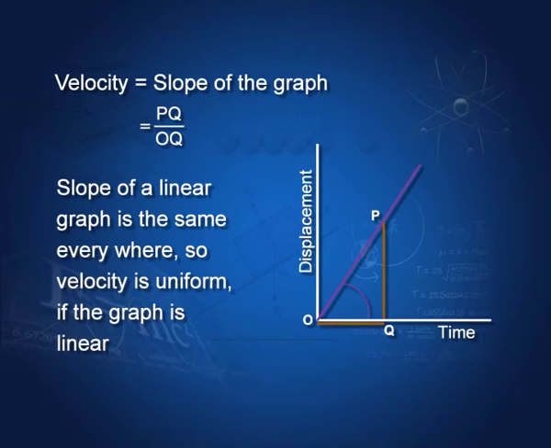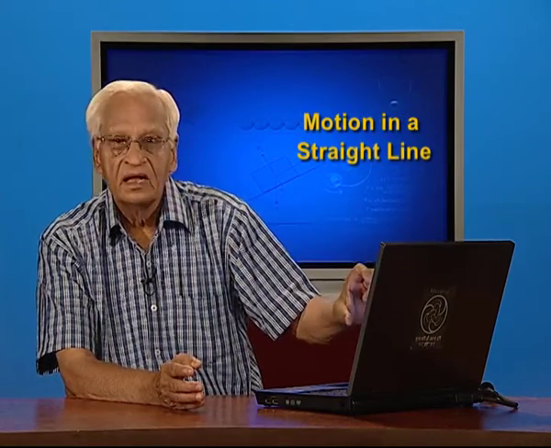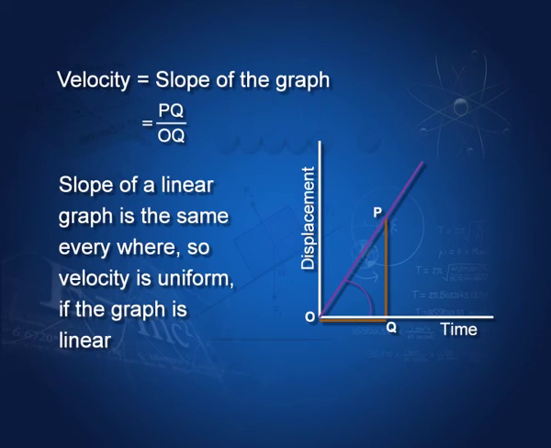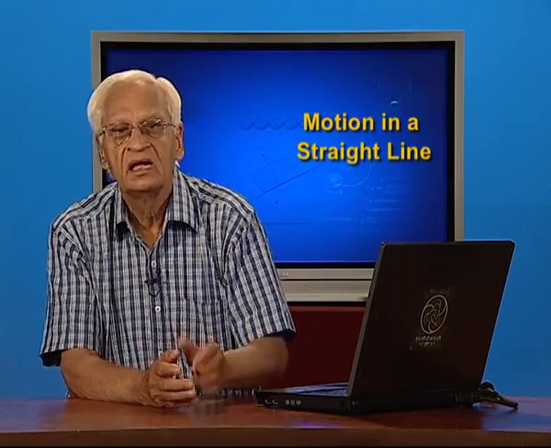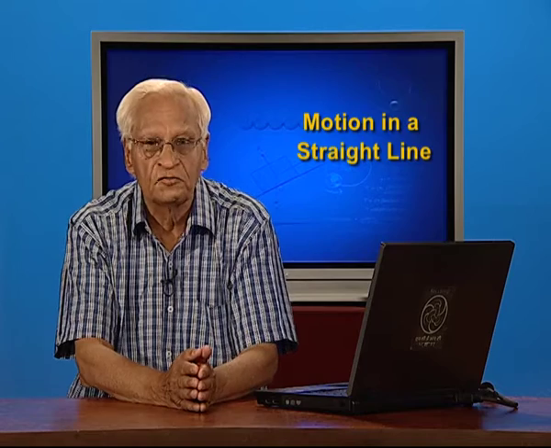That means, the slope is the same everywhere. You can see how we measure the slope. We measure the slope by taking at a certain time the displacement and dividing by the time taken. That is how we find the slope, and if the graph is linear, the slope is constant.